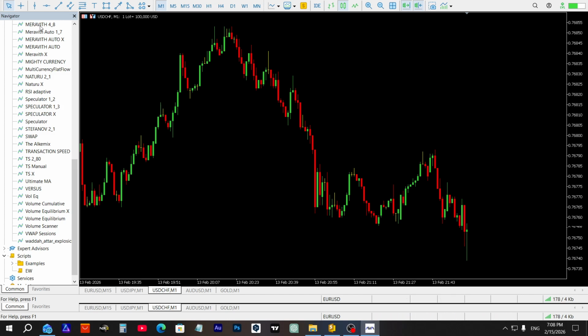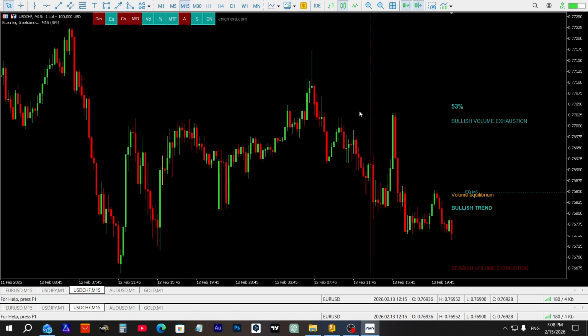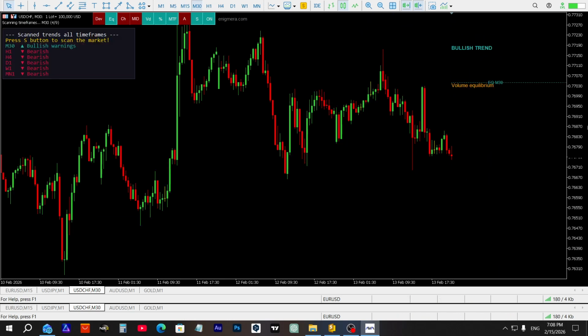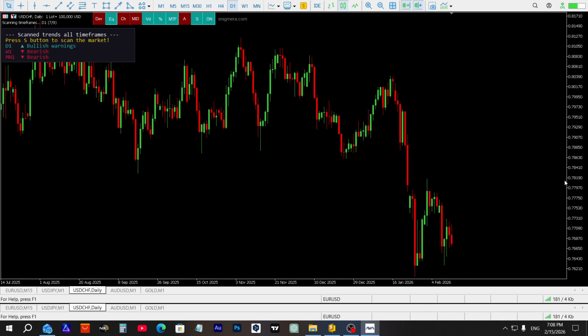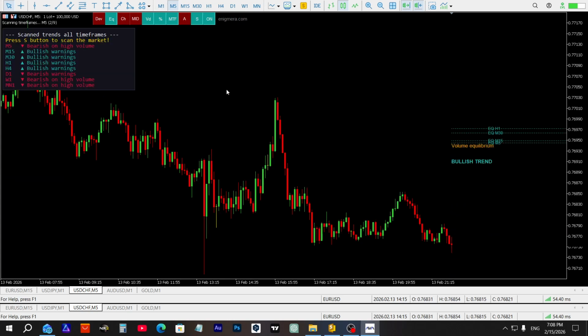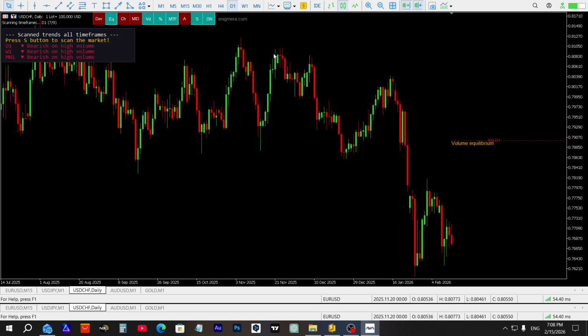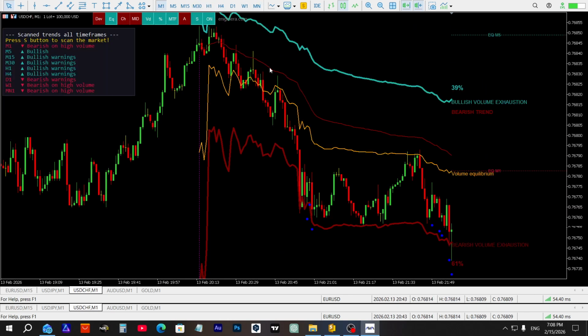This is dollar Swiss franc. Let me see what will show here. Nothing interesting again.